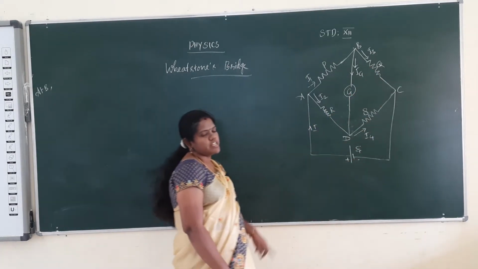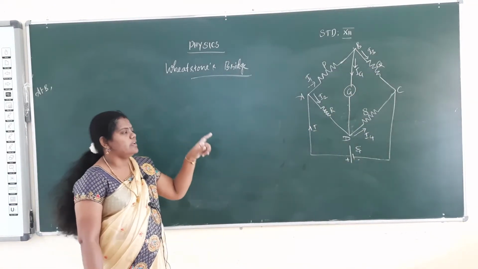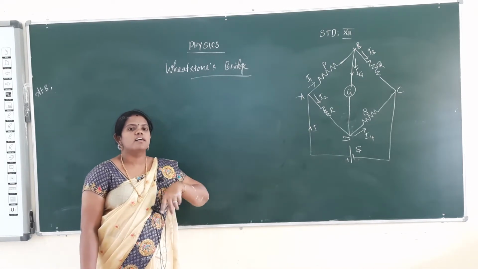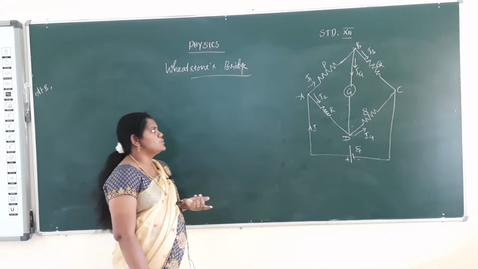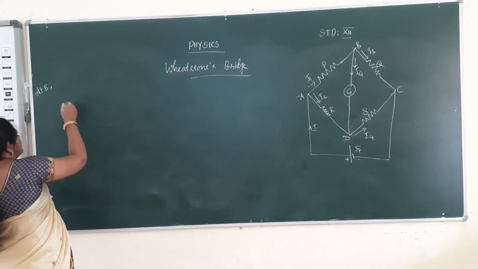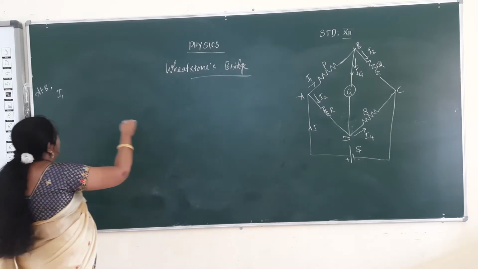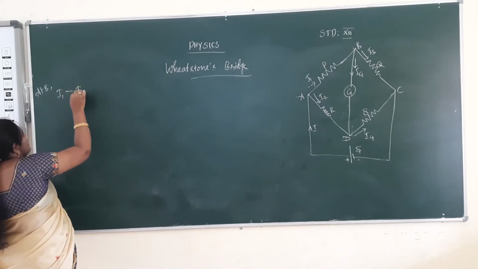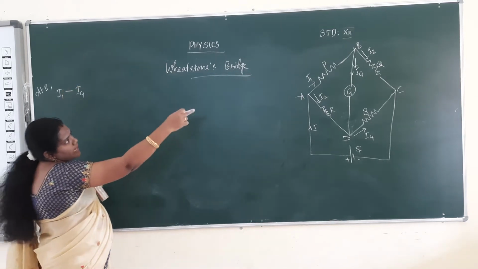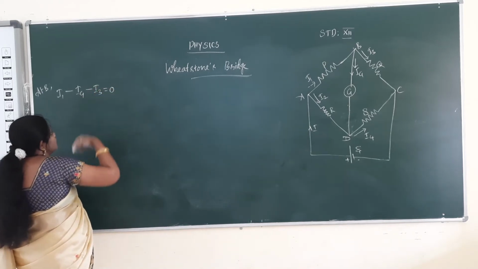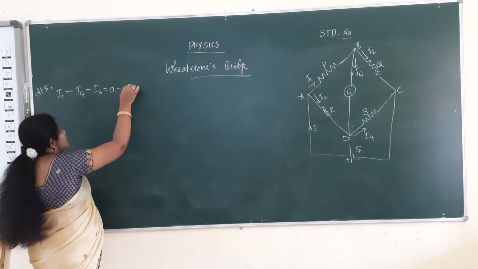So Kirchhoff's first rule will be applied at junction B. What is Kirchhoff's first rule? The sum of the currents meeting at the junction will be 0. I1 is entering, so it is taken as positive, and IG is leaving, so it is taken as negative, and I3 is leaving, so it is taken as negative. It will be equal to 0. This is the first equation.